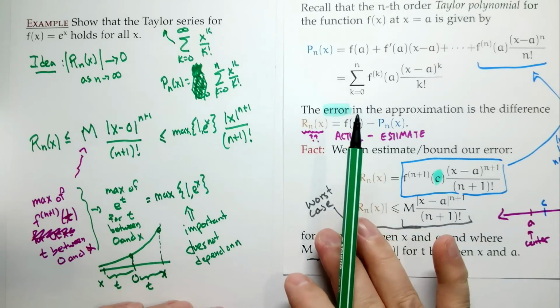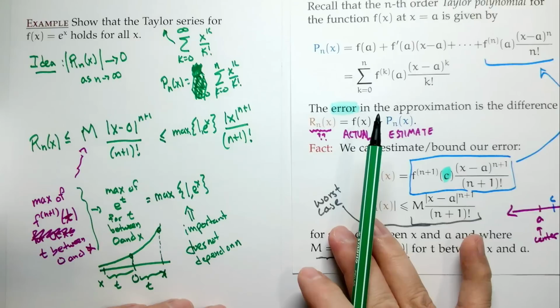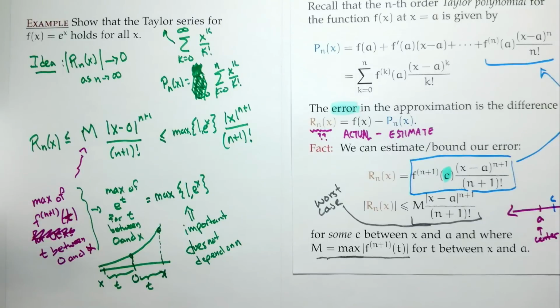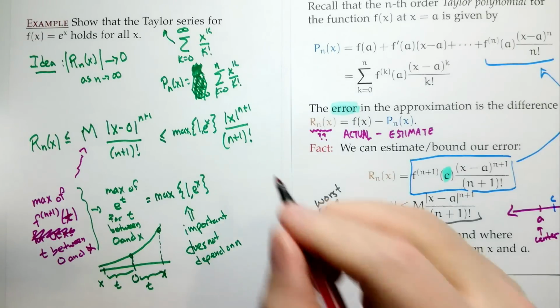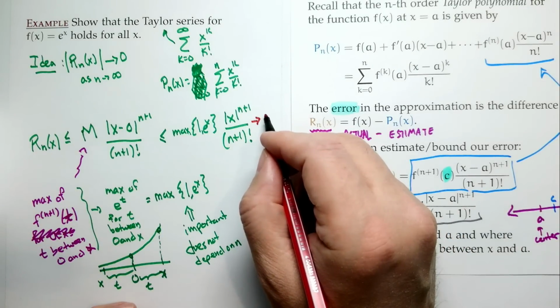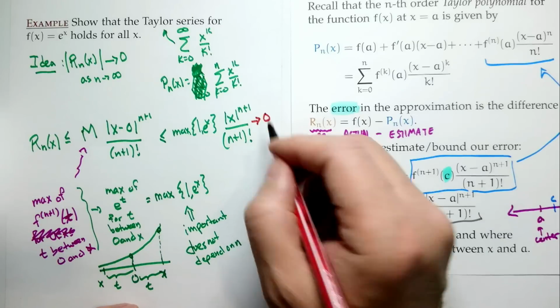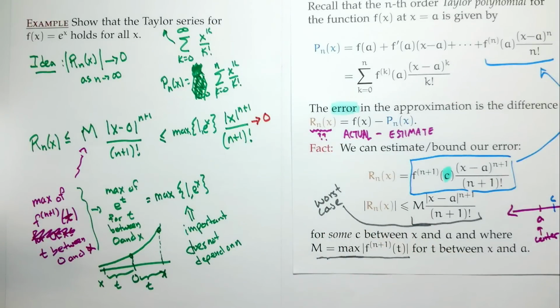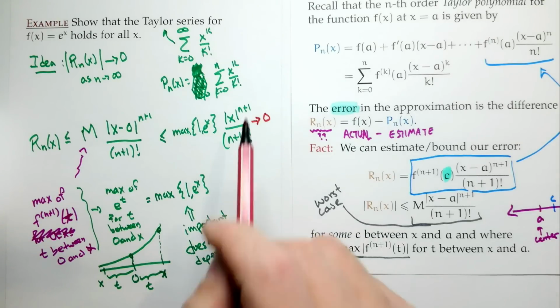If I have to run the race, and I do have to run this race, between exponential versus factorial, what's going to happen? Who wins? The answer is, and we've done this before, the factorial wins. It goes to 0. I think I may have said polynomial a second ago, but I apologize if I did. Exponential versus factorial, factorial wins.